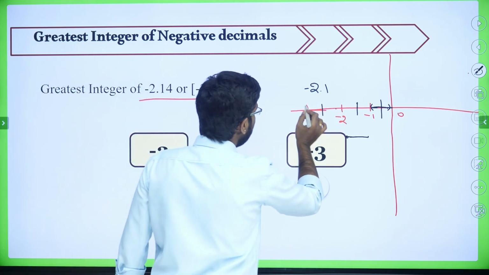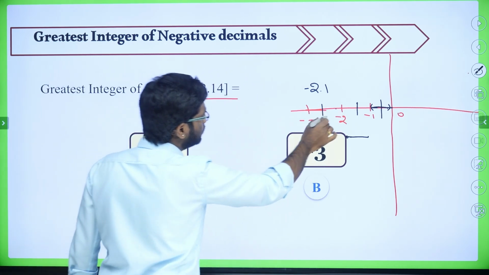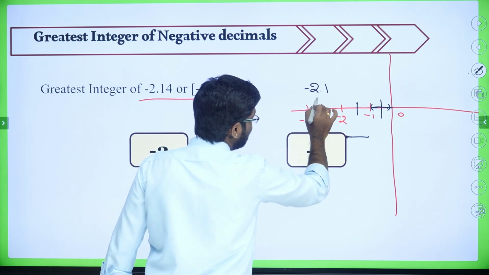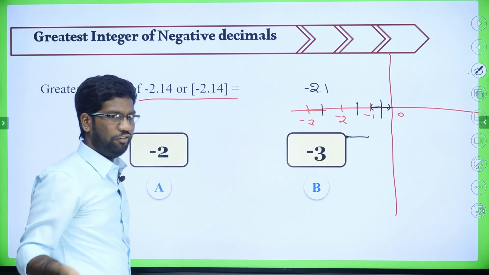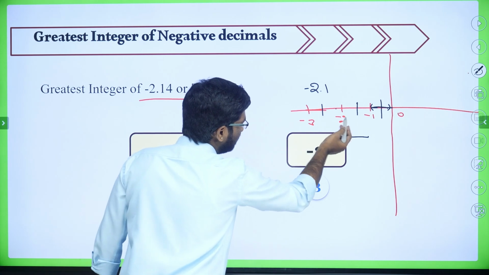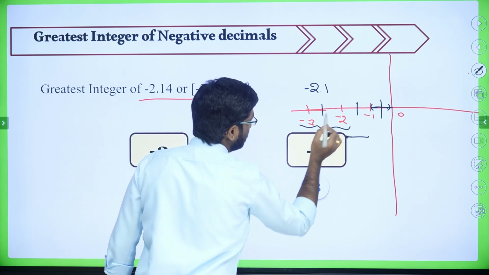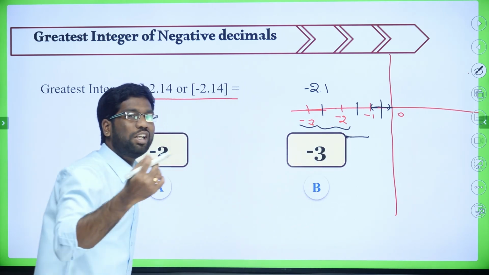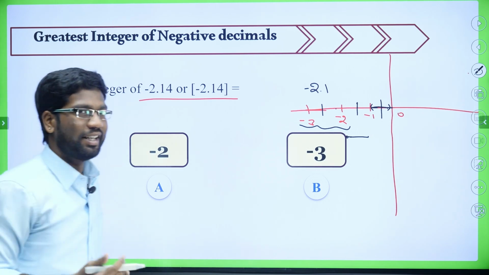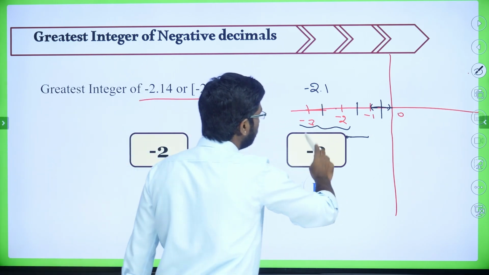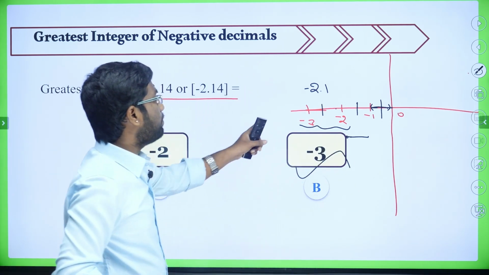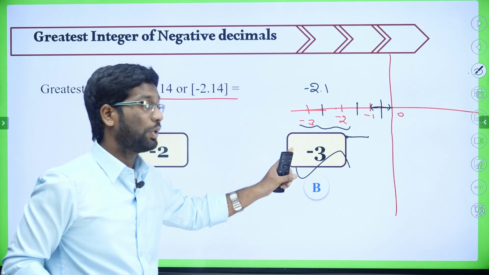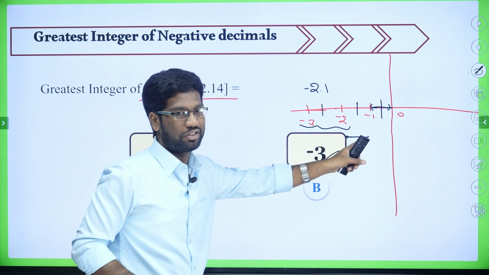In the same way, here they have given minus 2.14. Since it is minus 2.14, between these two intervals, my dear students, which is the smaller value? Minus 3, right? Here minus 3 is the smallest value, not minus 2, because compared to minus 3, minus 2 is the greater one.